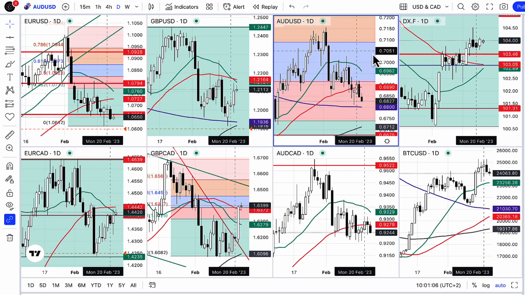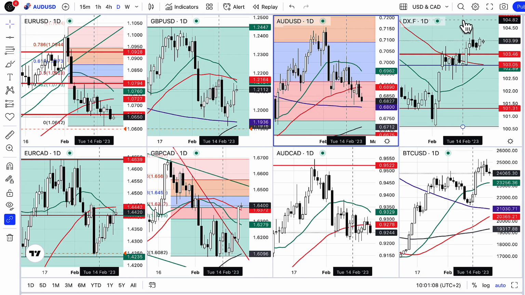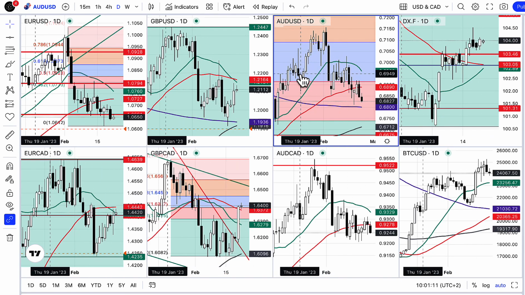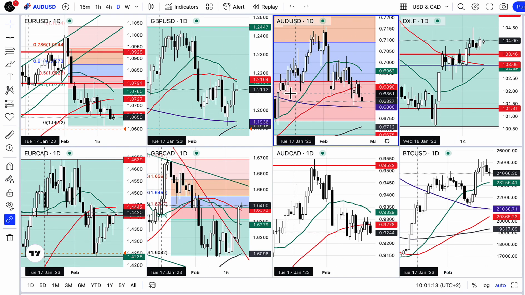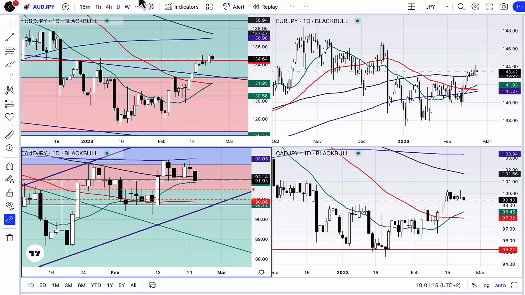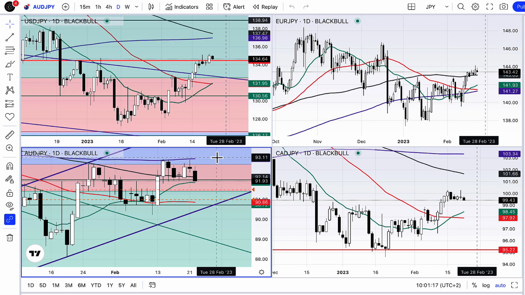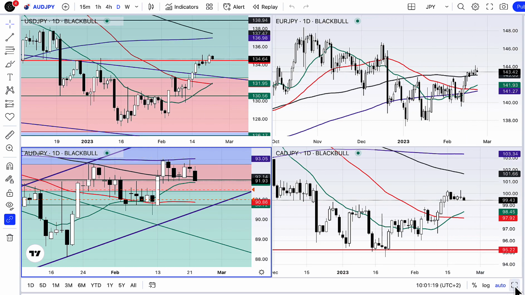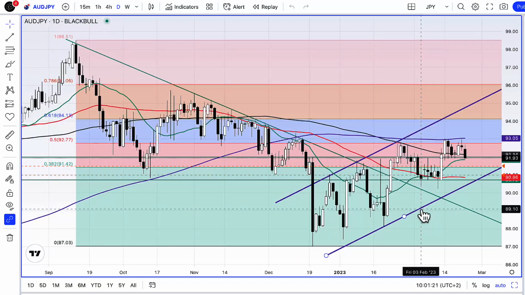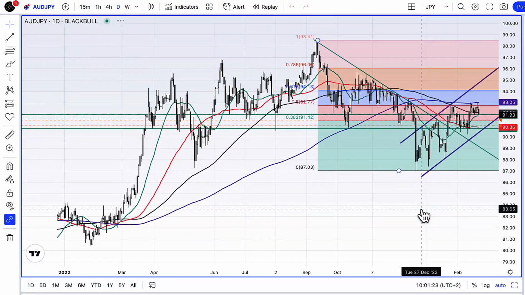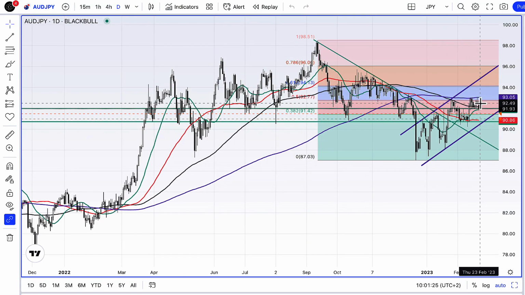So I think all of these things will be in sync. As soon as we get up to 105, 106 on the dollar index, we should start to see some bottoming across the majors, and that's what we're looking for. And then the only one we're trading on the yen pairs is the Australian dollar yen, and this pattern's been fantastic for us. We keep on shorting the Aussie dollar against the yen.